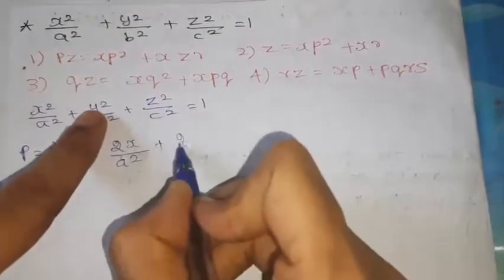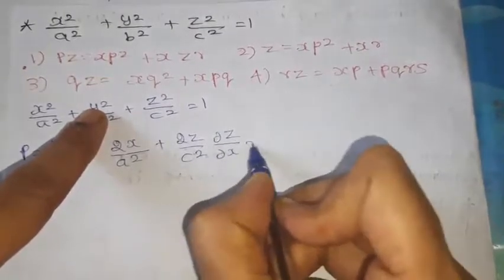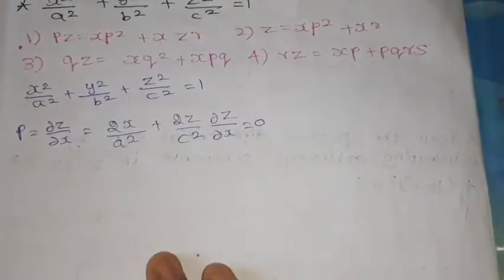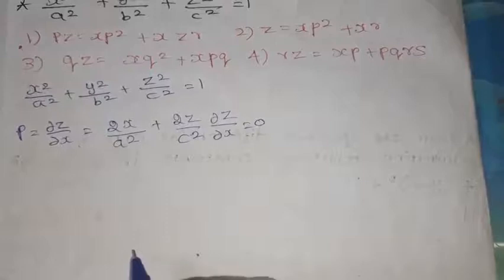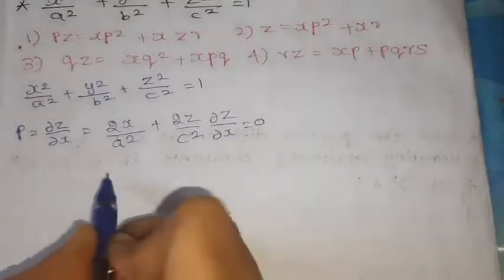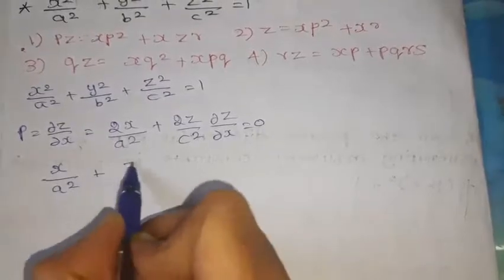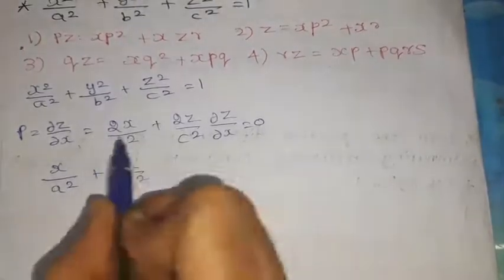Then for this, 2z by c squared into dou z by dou x equal to 0. In this term y squared by b squared, it is constant only, so it is 0. We can simplify this as x by a squared plus z by c squared, dividing by 2.